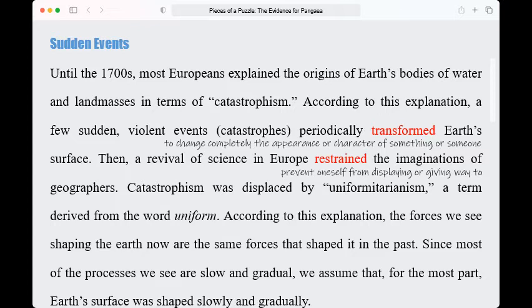So if it was deemed outside the realm or the knowledge of science, the ideas were discarded.